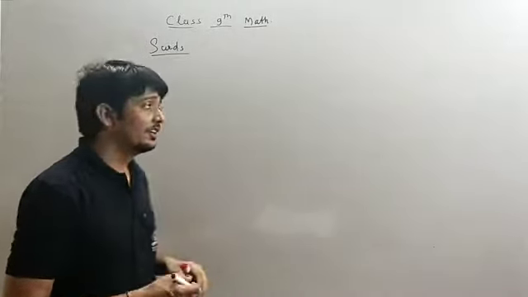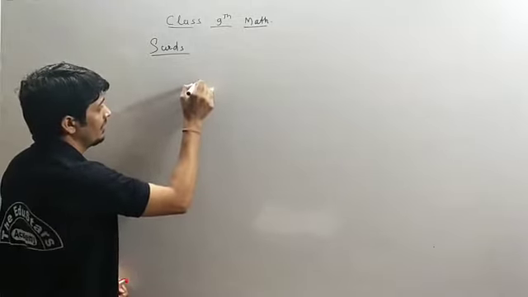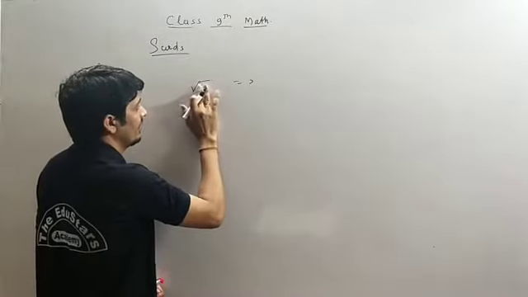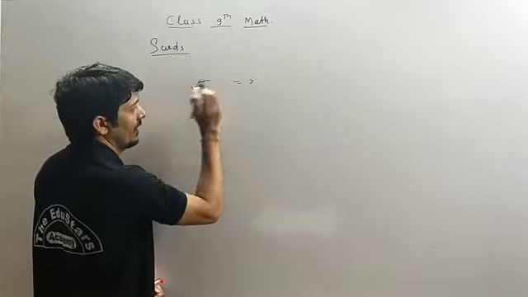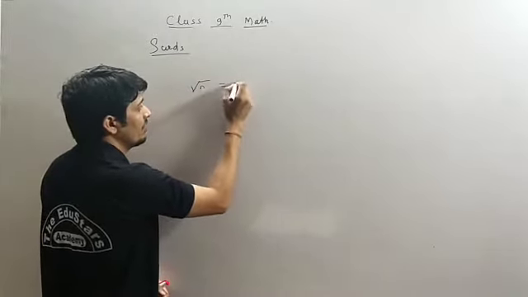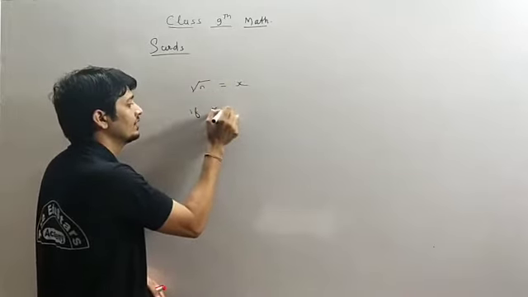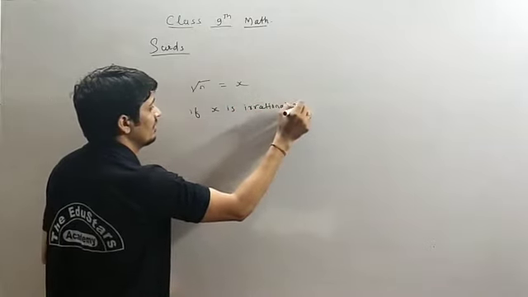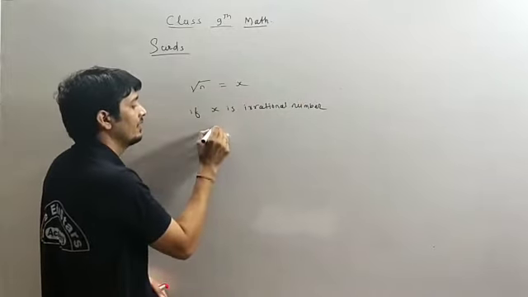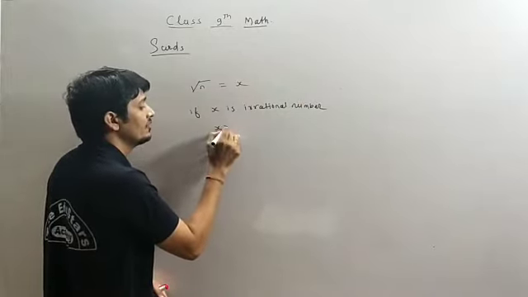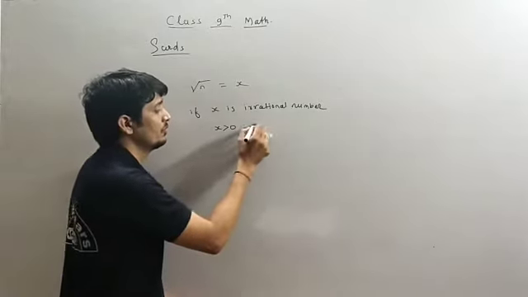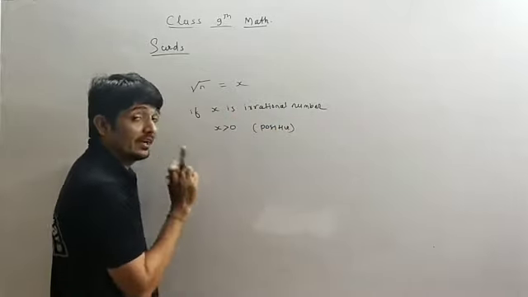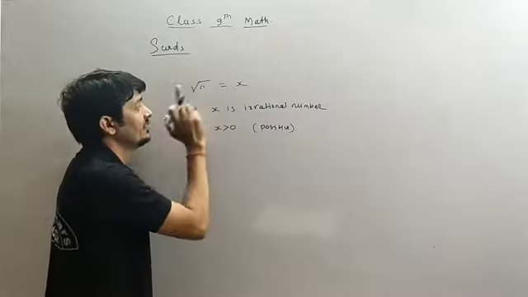So what will be a surd then? If any number is in the form of a root, like we have n, and the root of n equals x, and if x is an irrational number and n must be greater than 0, meaning positive, then we will say it is a surd.